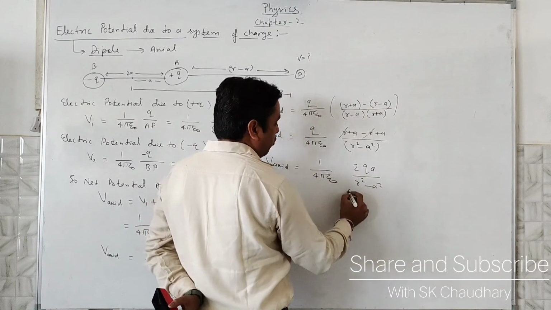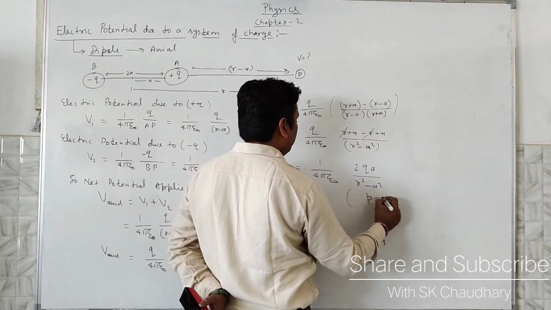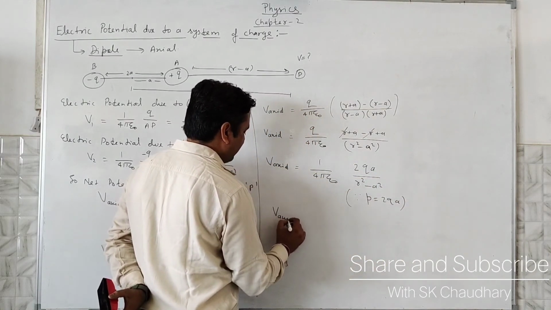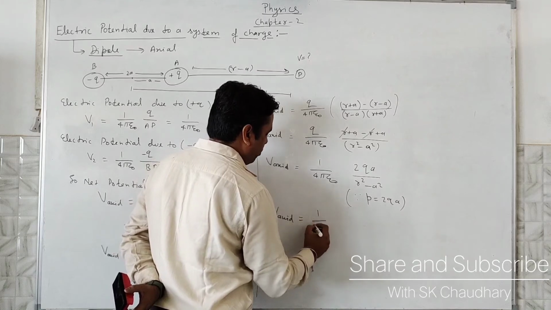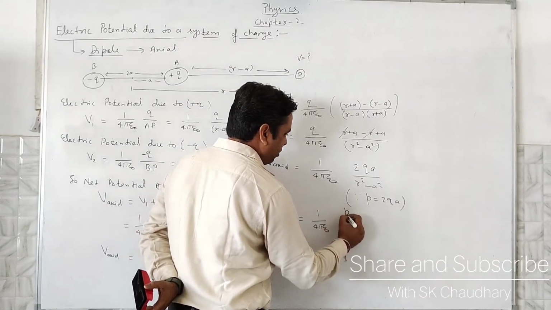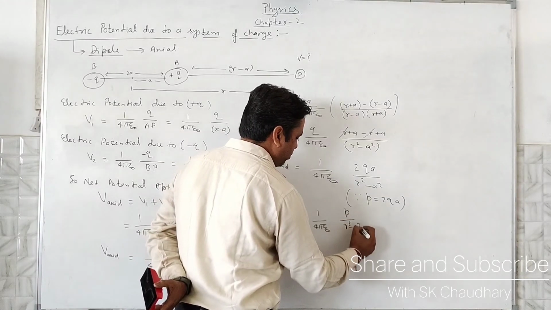We know that the dipole moment P is equal to 2QA, so we can replace it. V axial is 1 upon 4 pi epsilon naught P upon R square minus A square.